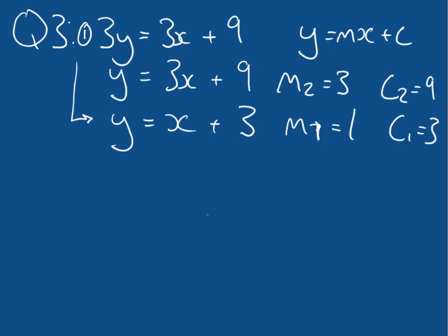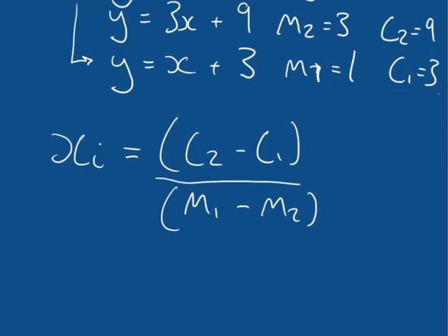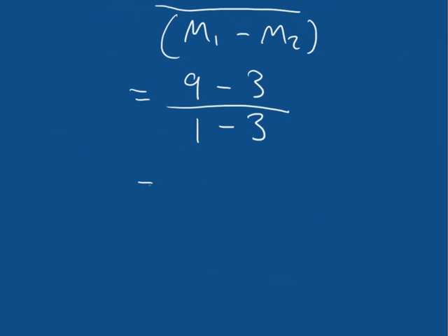If we plug that into our equation for xi is equal to c2 minus c1 divided by m1 minus m2, we can plug those numbers in, so it's equal to c2 is 9 minus c1 is 3 divided by m1 is 1 minus m2 is 3. So that's equal to 6 over minus 2, which is equal to minus 3. So that's xi is minus 3.